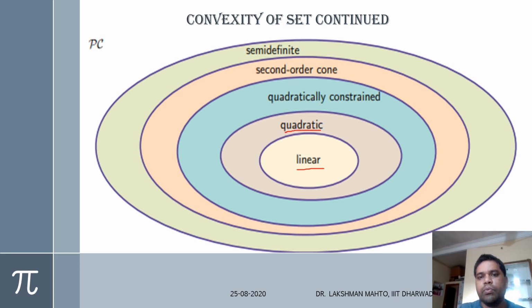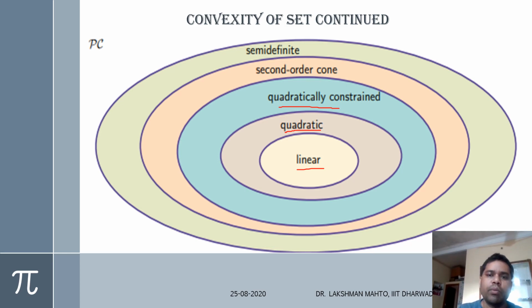Further, if you put nonlinear constraints like quadratic constraints, then we get an optimization problem with quadratic constraints. If you put conic conditions over the feasibility set, then we get a second order cone, and similarly a semi-definite problem. Each class of problem has a different type of solution technique.